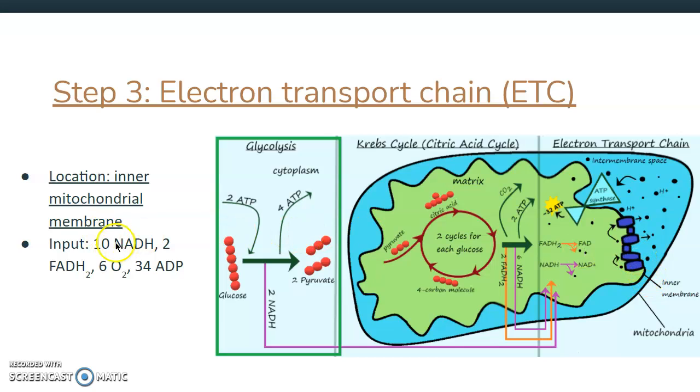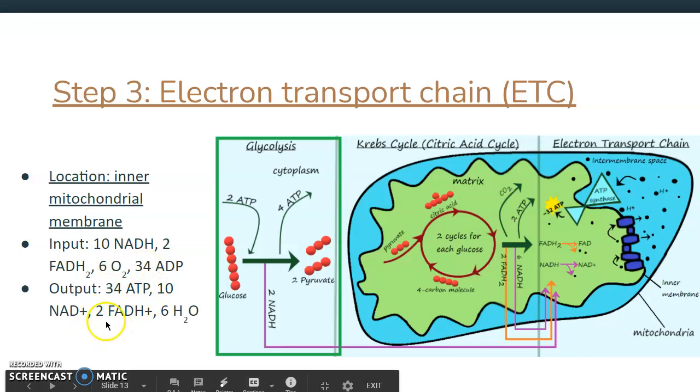We're going to put in our 10 NADH that we just made, our 2 FADH2, and this is where we will use our 6 oxygen. We'll also need 34 ADP so we can get 34 ATP out. We'll use our other batteries and produce some water.